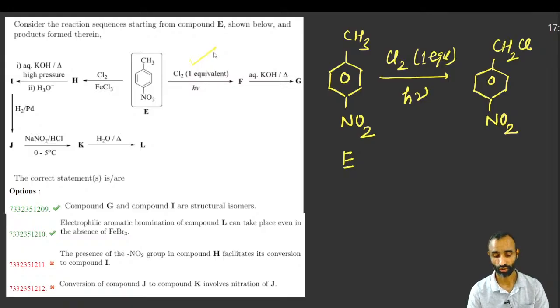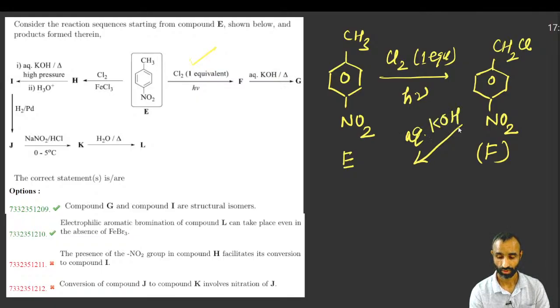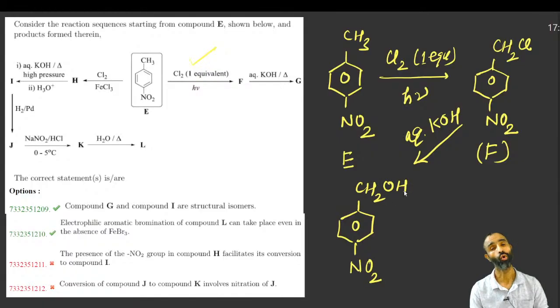So with benzylic chlorination, we get this F. Now, with aqueous KOH, yes, NO2 remains as such, but Cl is replaced by OH. So this is a nucleophilic substitution reaction. So it is G.